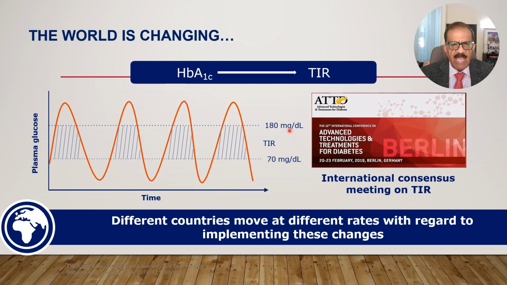In diabetes, we expect that blood sugar should stay below 180 even after eating, and should not go below 70 when you have not eaten. And this time in range is being accepted by the world at a different pace, because many financial constraints are there, and people are accepting it, but very slowly.